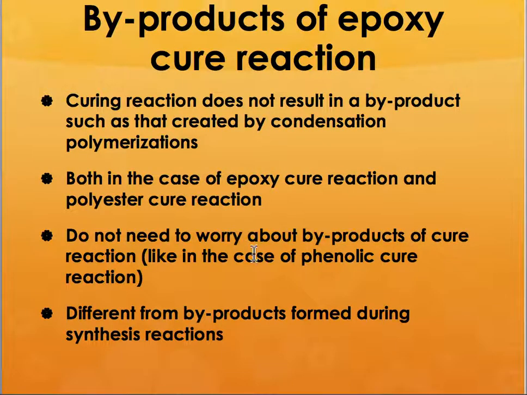In the case of phenolic cure reaction, you are probably going to have about 10 to 15% reduction in volume, whereas in the case of epoxies, you might maximum have 1 to 2% reduction in volume, maximum. So you do not have to worry about the byproducts of the cure reaction.